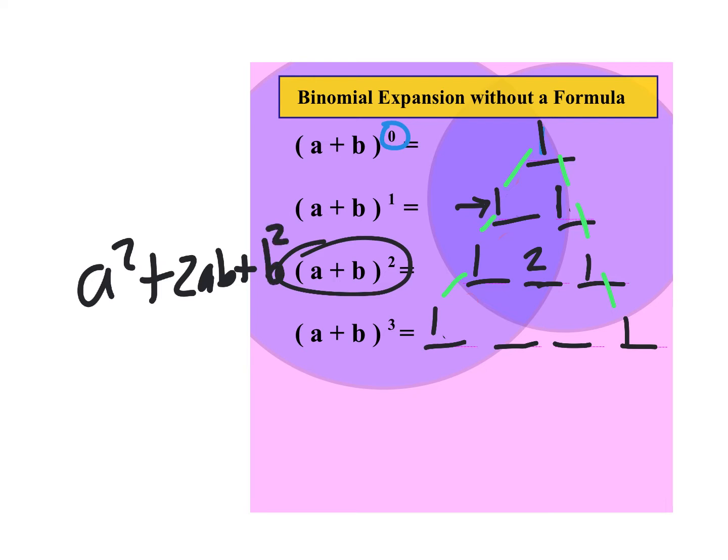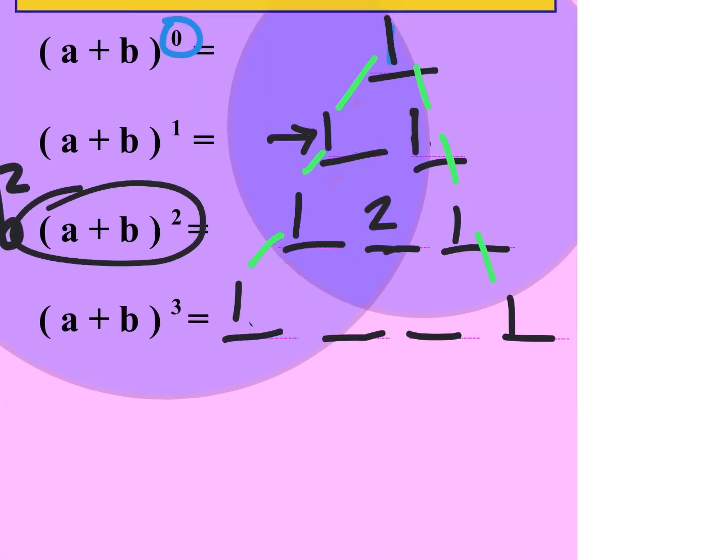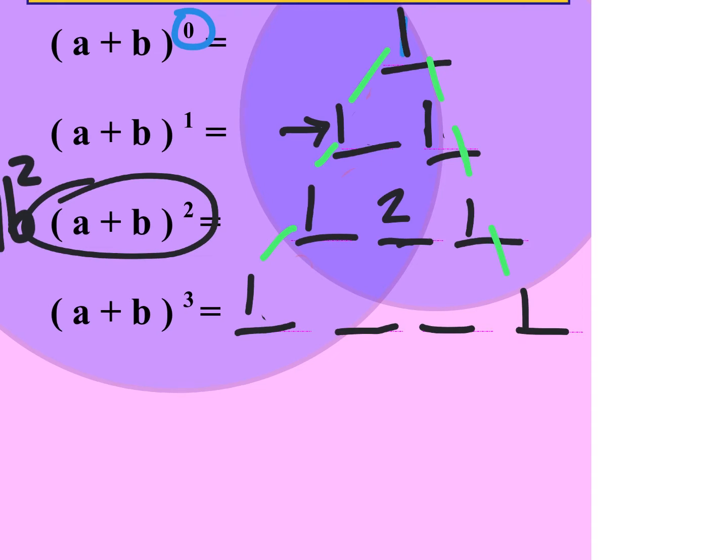But if you're careful about your coefficients, it'd be 1a squared plus 2ab plus 1b squared. Hence the 1, 2, 1. And this last one is 1, and then what are these two spots? Tobias, have you got the pattern yet? 3. It's 3. And 3.